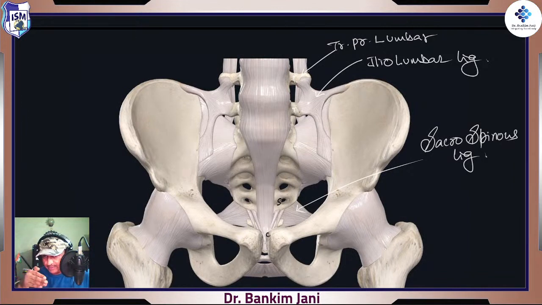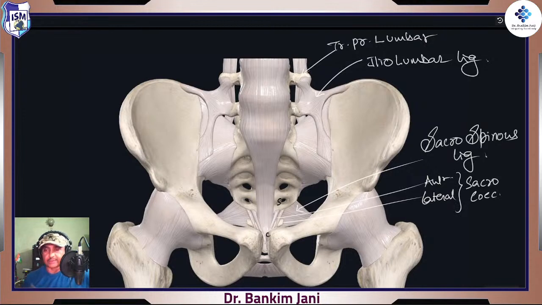So anterior and lateral sacrococcygeus. And that synovial membrane which was there, now it is covered by the articular capsule, right? So that's the articular capsule of hip joint.